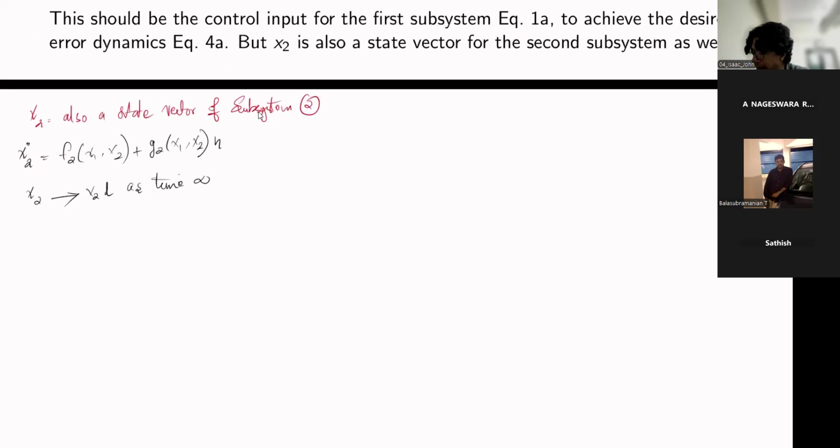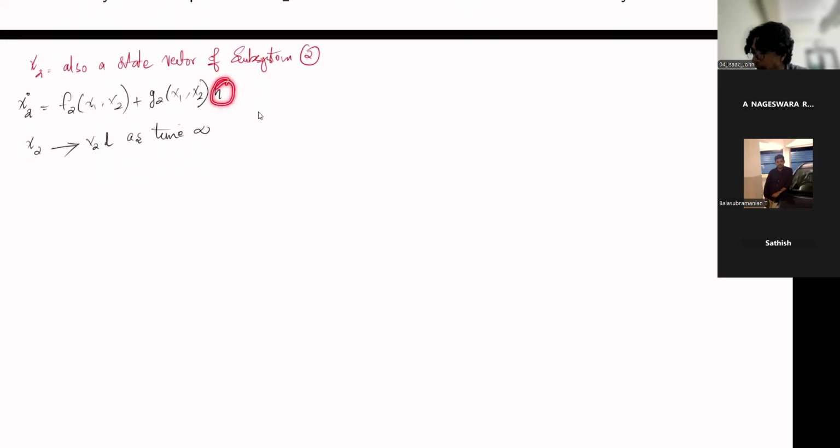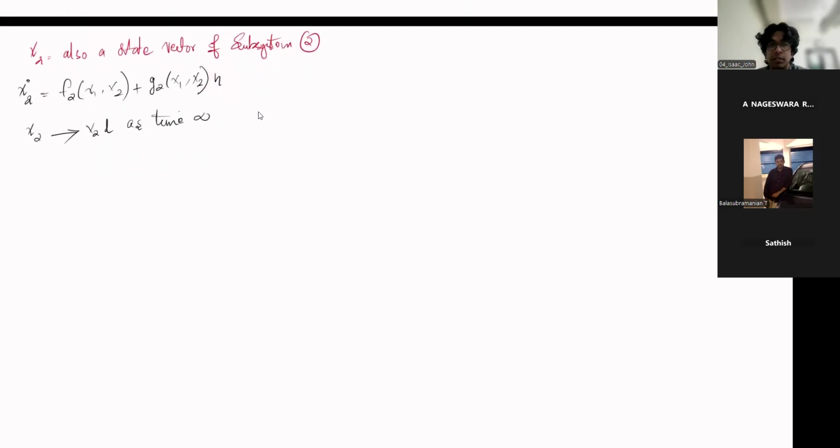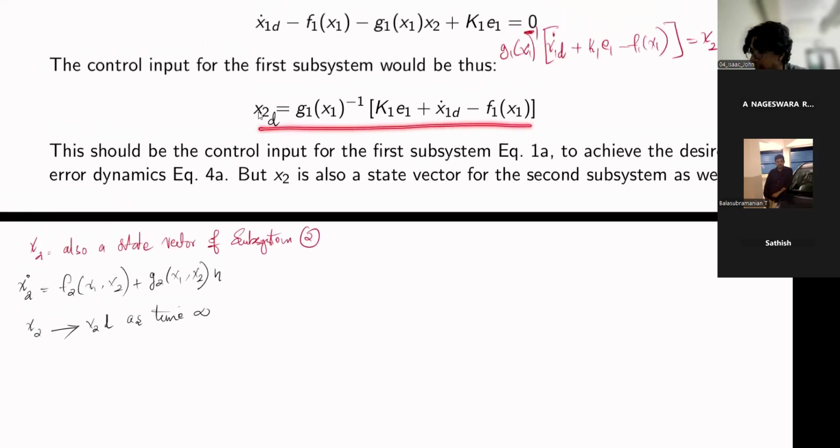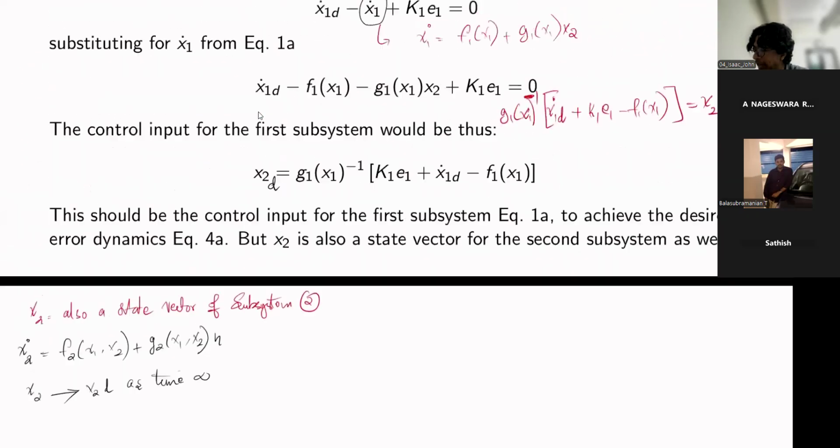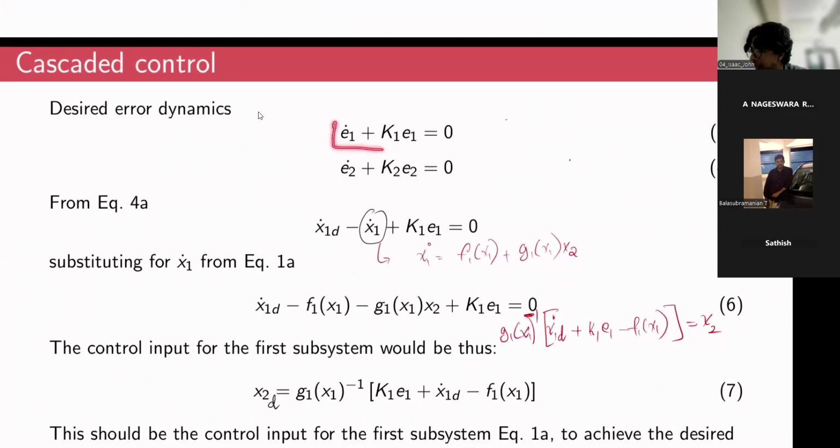If we force the state vector x2 into x2 desired, then we can guarantee that E1 dot plus K1 E1 would asymptotically converge to 0.